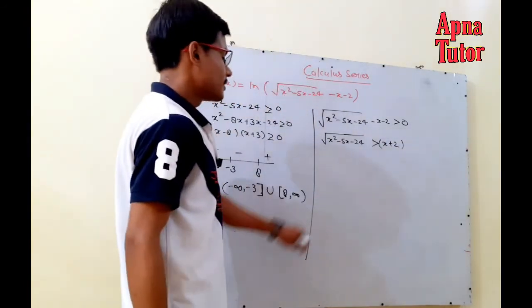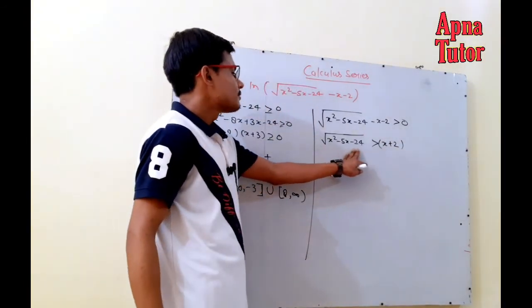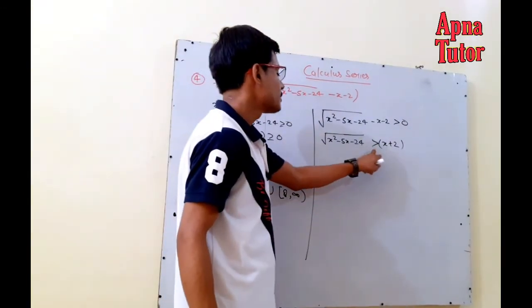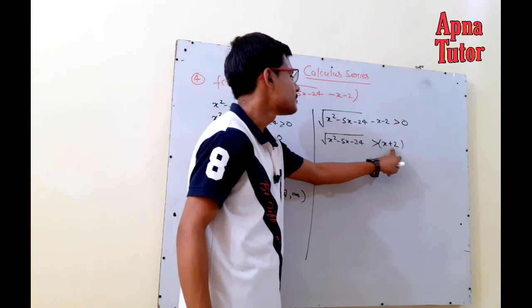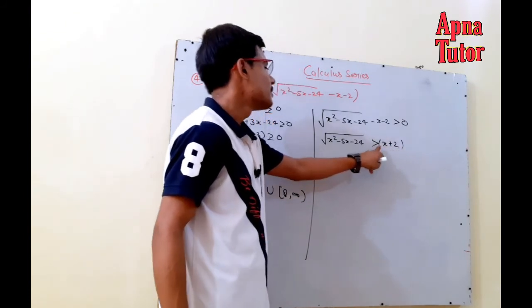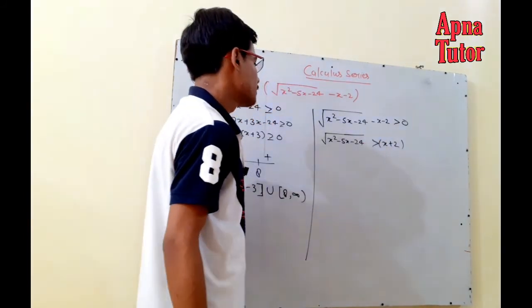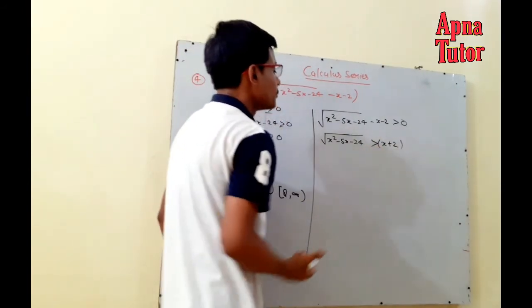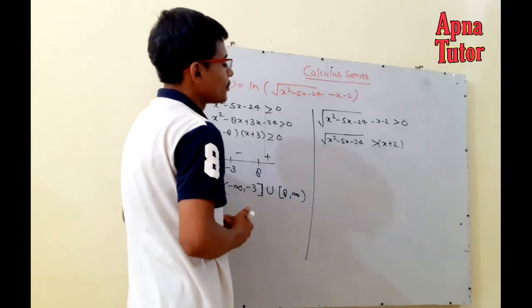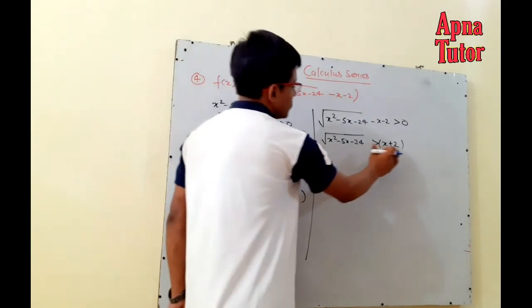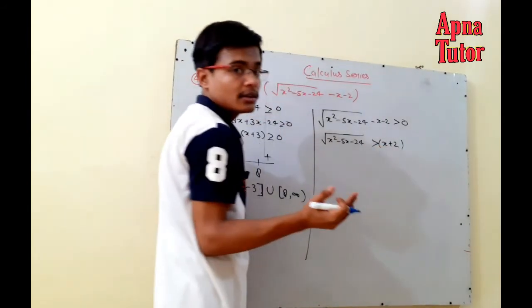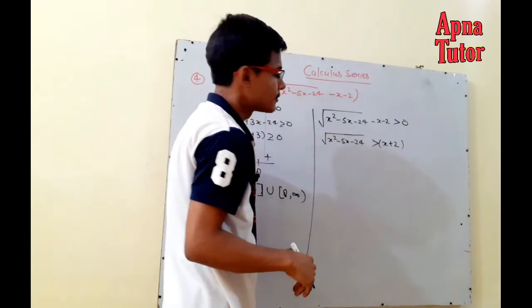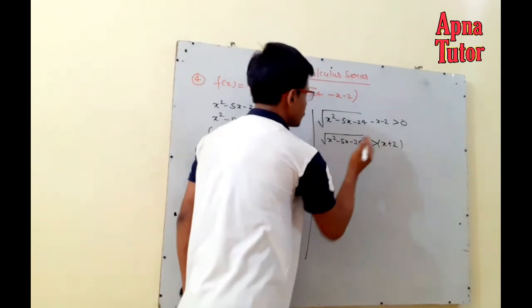Now you have to see that this root function is always positive, but you cannot be sure that the right side is positive for the values of x. It may be either positive or negative. So you have to take the conditions for x separately.